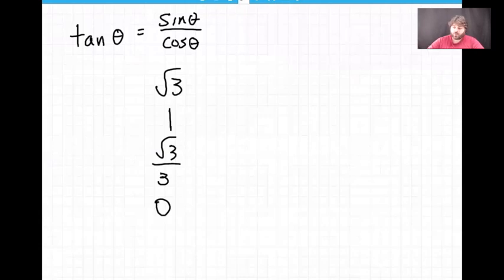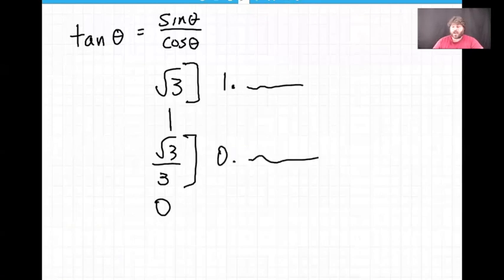And just remember that √3 is bigger than 1, and √3/3 is less than 1. This is 1 point something, and this is 0 point something. So when you're working with tangent, you can kind of make sense of that as well. But again, I'm going to show you how to use your calculator for that, so that's no big deal.